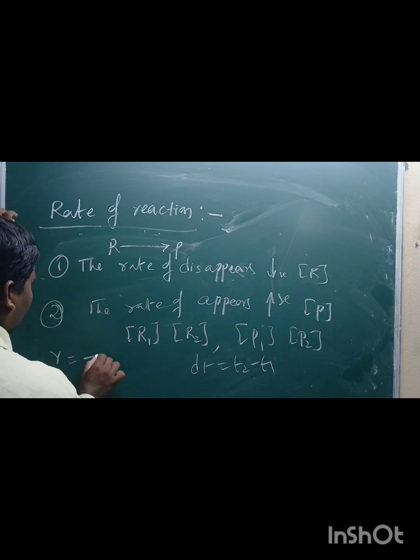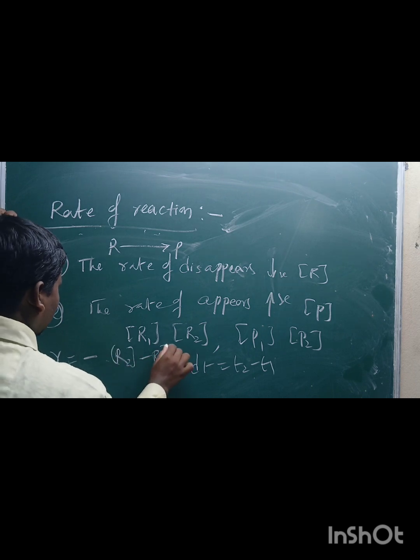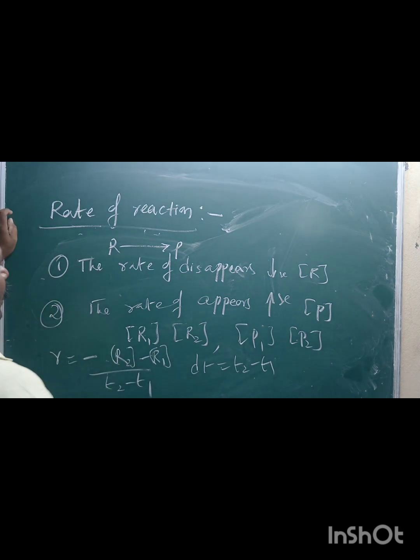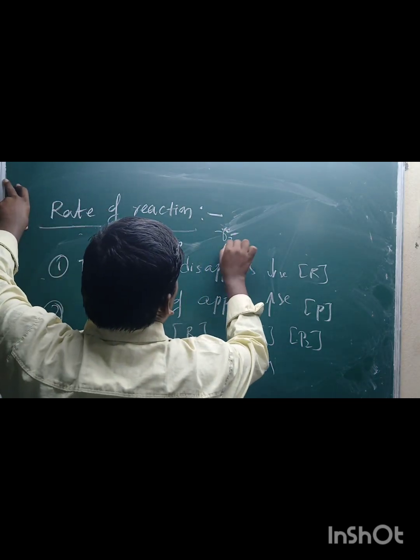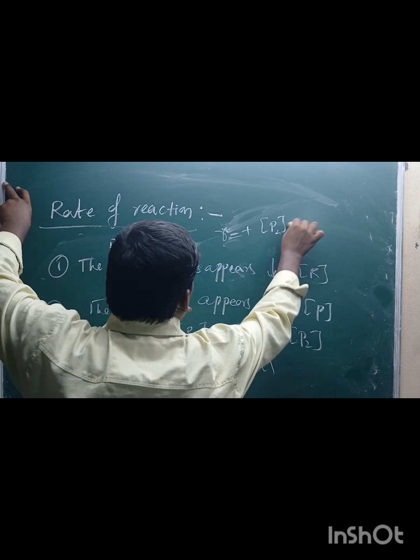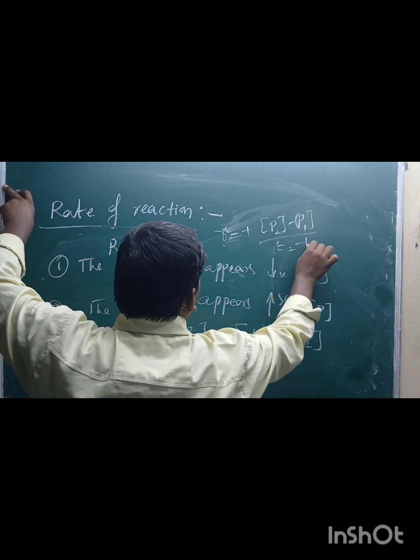R is equal to minus (R2 minus R1) by (t2 minus t1). R is equal to plus (P2 minus P1) by (t2 minus t1).